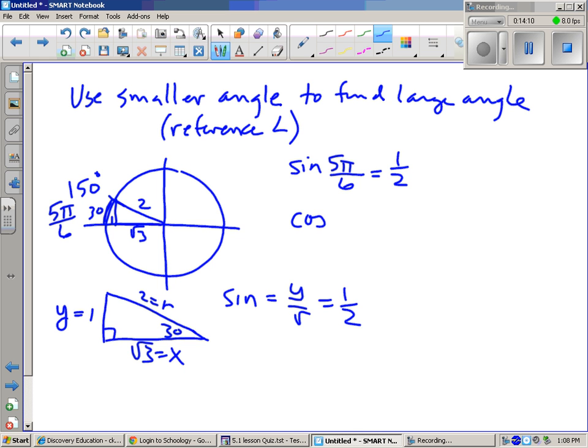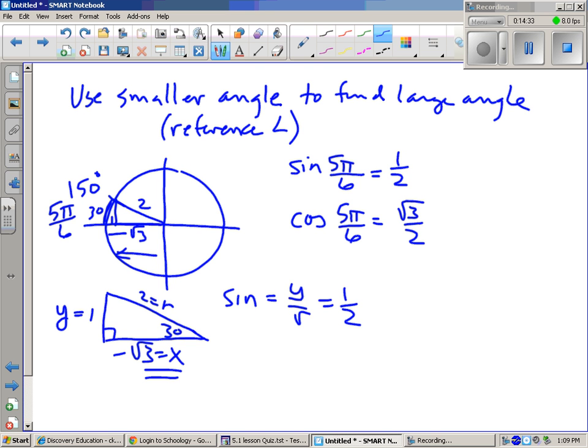Let's try the cosine of 5 pi over 6. Cosine is x over r, so in our case it's square root of 3 over 2. Now the big difference here, the thing you have to be careful with, is because I'm going to the left, this technically is a minus, it's a -3.